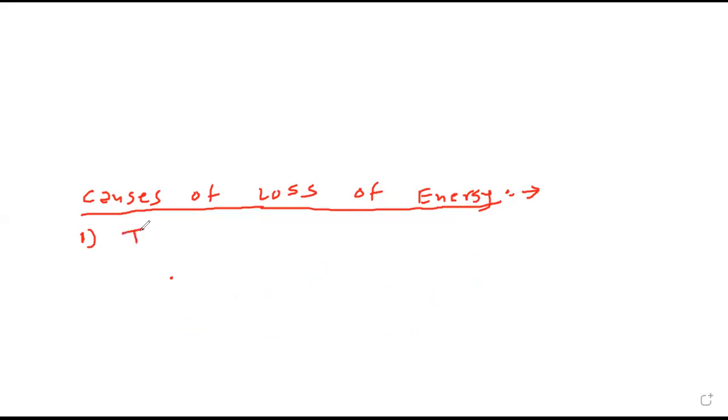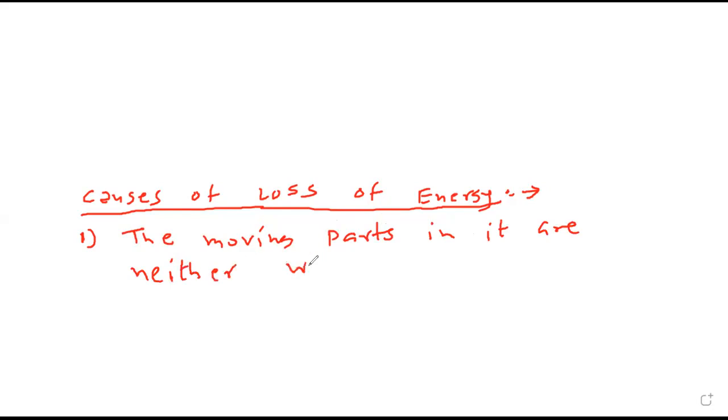So first cause of loss of energy is the moving parts in the machine are neither weightless, meaning they are heavy, nor smooth.